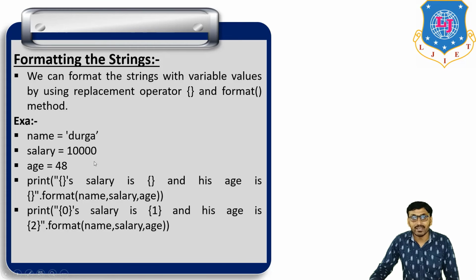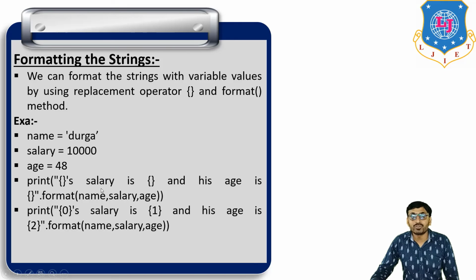Then salary 10,000 is transferred to the second, and age 48 to the third replacement operator. So we get Durga's salary is 10,000 and his age is 48. Three replacement operators are used and three values, name, salary, and age, are provided one by one.